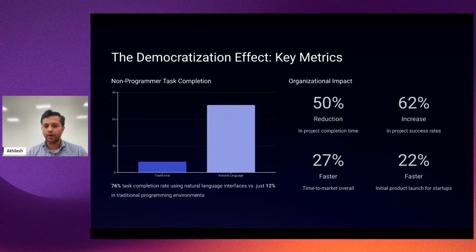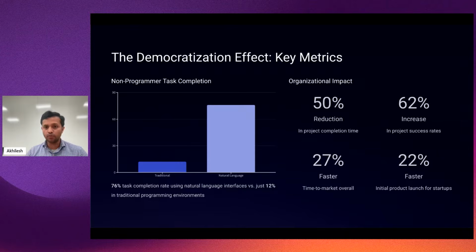Versus natural language programming interfaces, where you talk in English, interact in English, give feedback in English, and it writes the code and gives you a working prototype. In such a scenario, we saw a drastic increase, almost a 76% success rate for the projects that somebody had started.